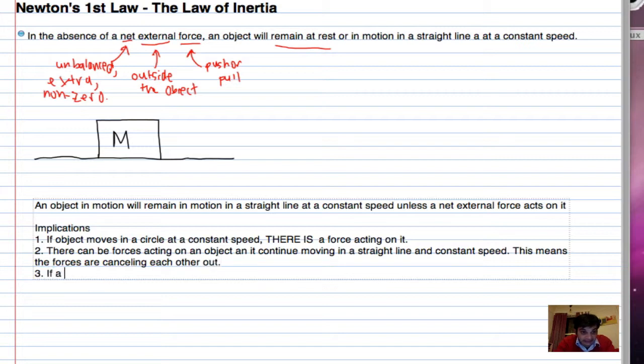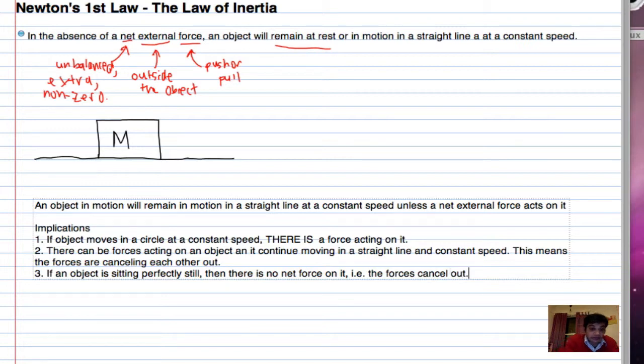Lastly, if an object is sitting perfectly still, then there is no net force on it, i.e. the forces cancel out.